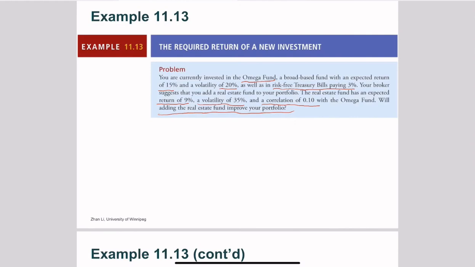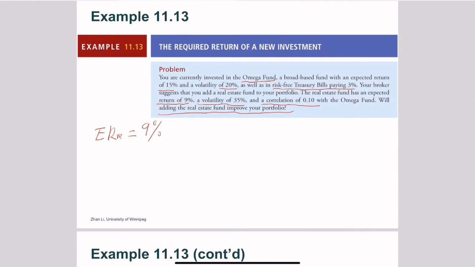Now, obviously, the expected return of the real estate fund. So let me use RE to represent the real estate fund. The expected return of the real estate fund is, let me see which number I should use here. Oh, it's 9%. Right?